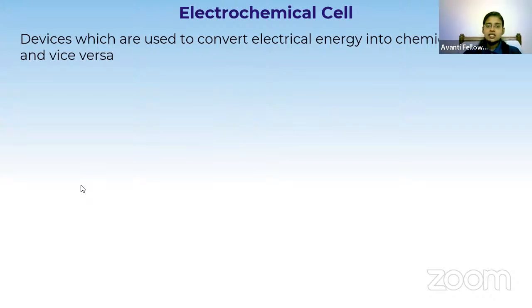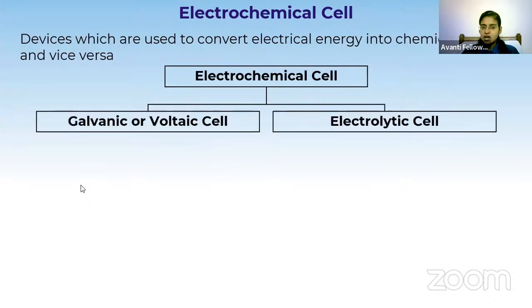So now the electrochemical cell is getting classified into two. There are two types of electrochemical cell. One is galvanic cell or voltaic cell and the other one is electrolytic cell.